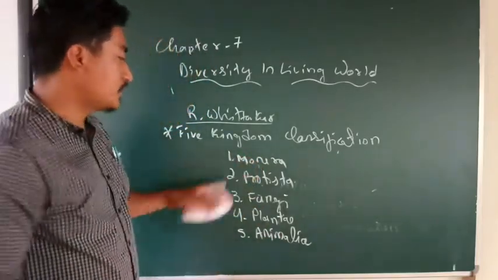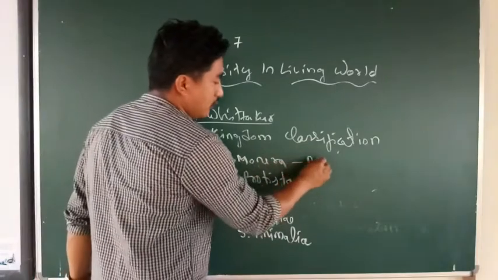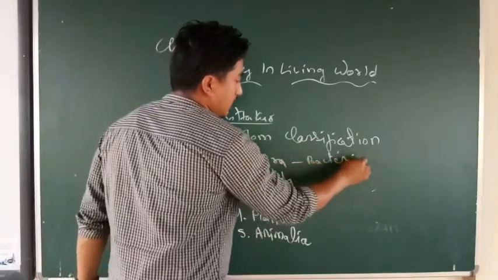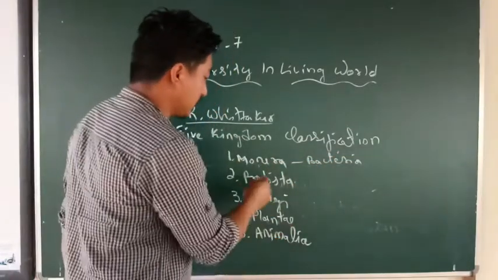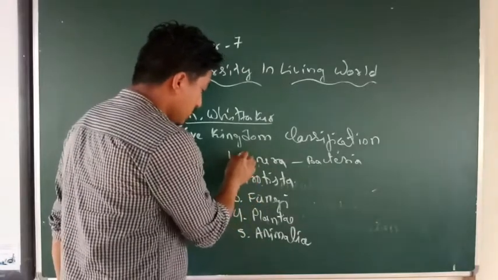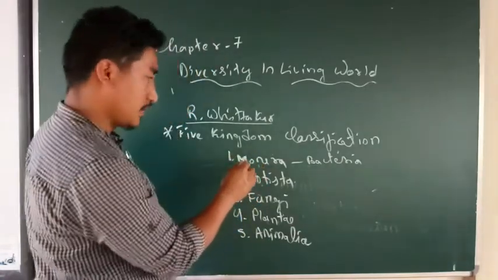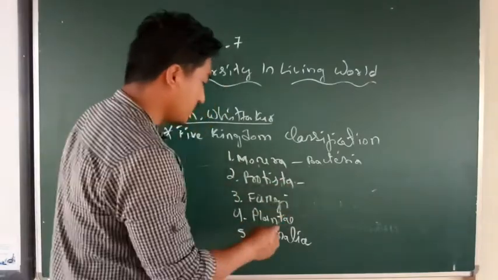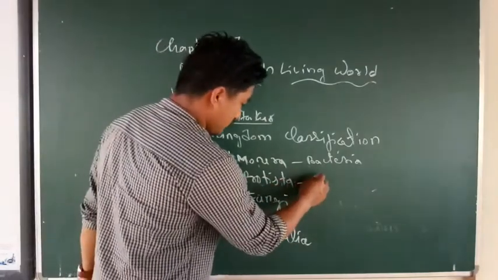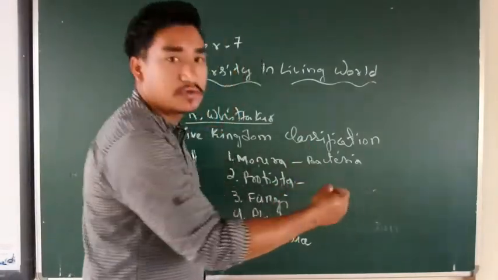The first kingdom, Monera, comprises only of bacteria. The next, Protista, comprises of eukaryotic unicellular organisms.